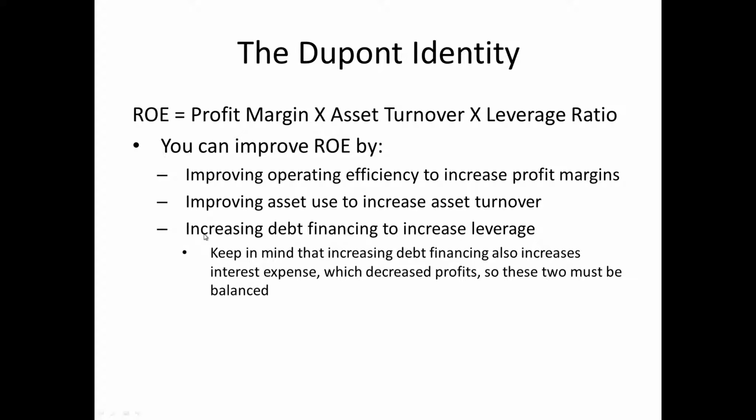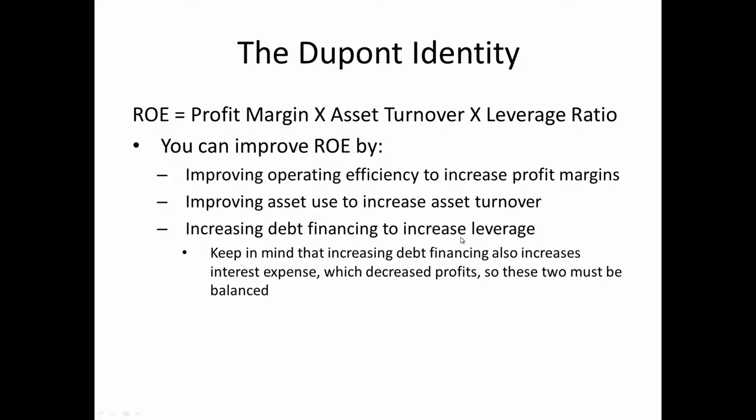And so if I wanted to, I could improve my ROE by increasing the amount of debt financing I have, and so increase the leverage. Now, the one gotcha you just have to be careful of is that when you start increasing debt, you also increase interest charges. And when you increase interest charges, that's going to drive down your profit margins a little bit.